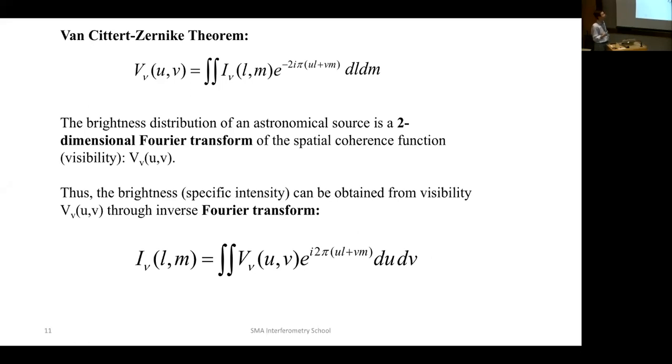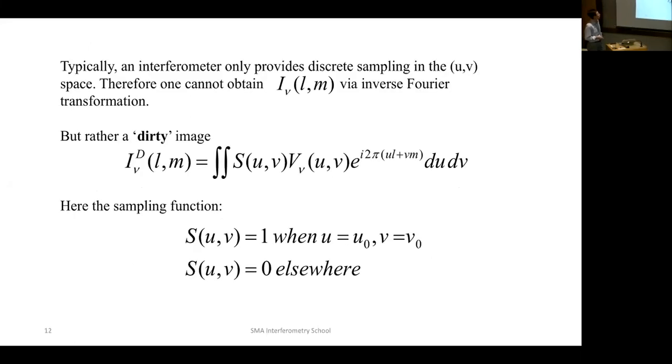The idea is to take that Fourier transform back to get the specific intensity distribution of the object. I'm going through this somewhat quickly. I don't know, Kato, whether our slides will be distributed, because the detailed mathematics is something we can go through once we have those materials to give to you.